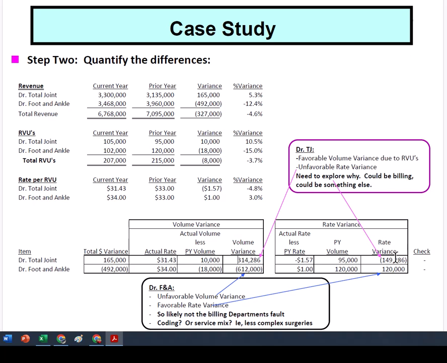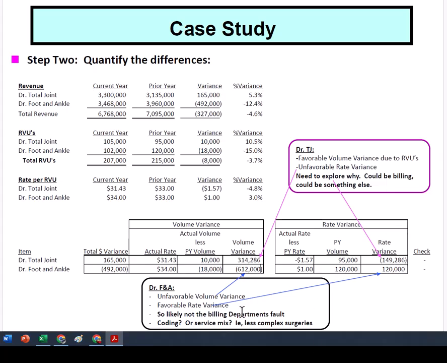$149,000. Could be billing, could be something else. So we're not making definitive judgments, but again, the purpose of this variance is to tell me where to look. It's a toolkit. Where do I start looking? Dr. Foot and Ankle, the volume variance is unfavorable by $612,000. The rate variance is favorable.